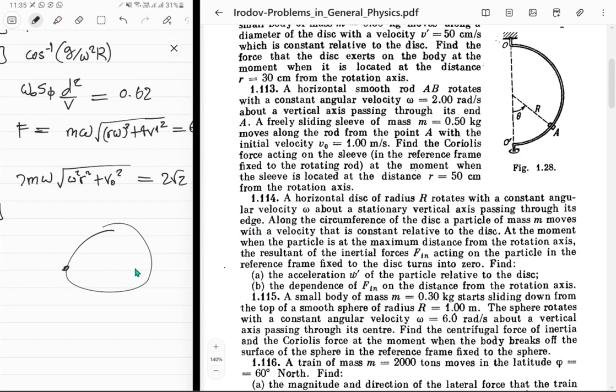This is awesome. It's just going to be a centripetal acceleration with respect to the disk, of course. The dependence of Fn on the distance from the rotation axis. What? You know what, I don't understand what this is supposed to be. Just leave it. So I will do A, I won't do B.